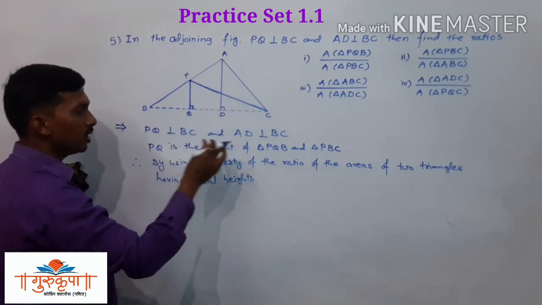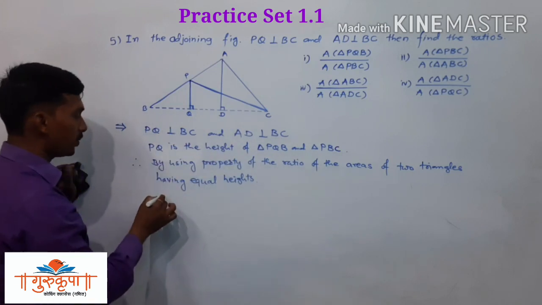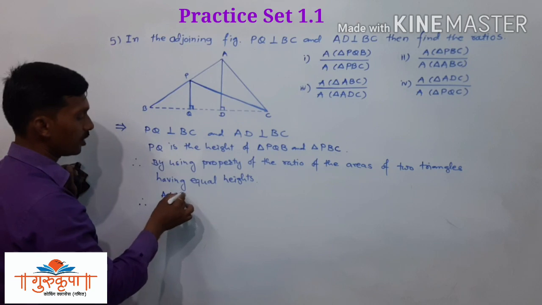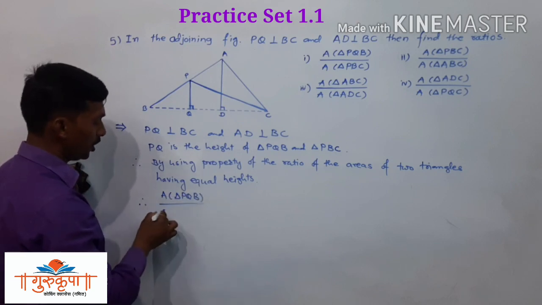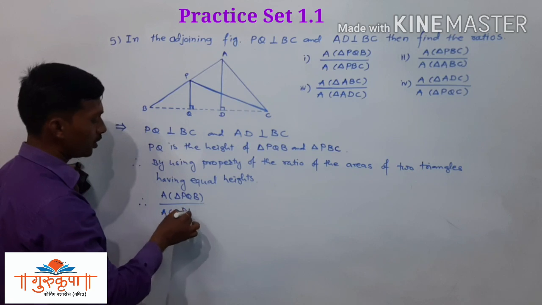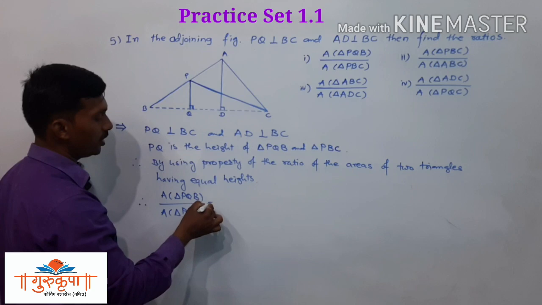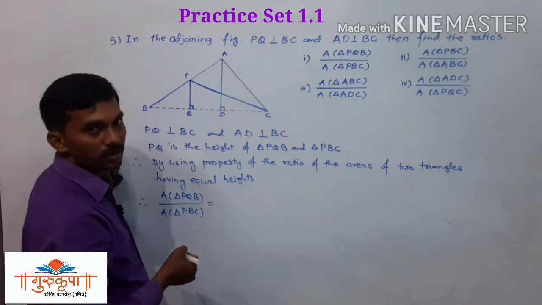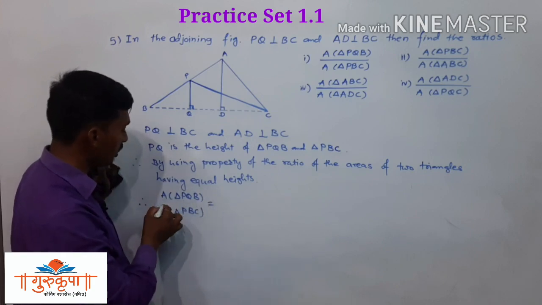So we will write area of triangle PQB upon area of triangle PBC, that is the ratio of the areas of two triangles, and it is equal to the ratio of their corresponding bases. Why? Because their corresponding heights are equal.